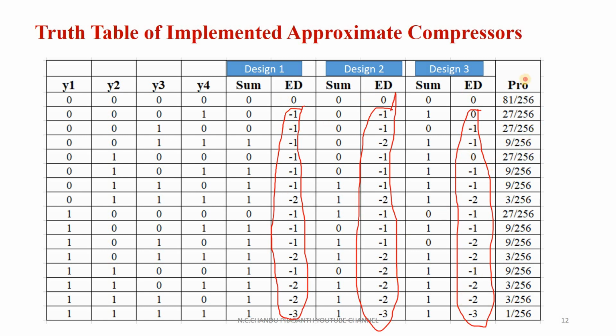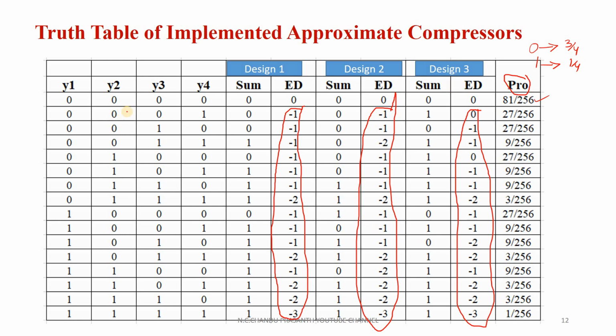Here the probability is also mentioned. The probability of getting 0 is 3 by 4, and the probability of getting 1 is 1 by 4. How are we getting 81 by 256? Initially, by assuming a uniform distribution of the multiplier inputs, the probability of a product being 0 is 3 by 4 and the probability of a product being 1 is 1 by 4.